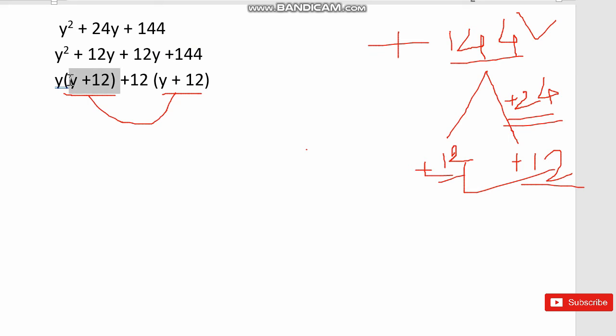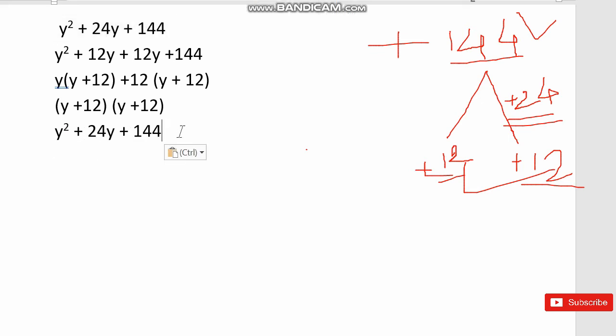So these are the factors of the given expression y square plus 24y plus 144, and we can write it as y square plus 24y plus 144 is equal to y plus 12 in the first bracket and y plus 12 in the second bracket. So this is our answer. We can use it like this also. So this is our proper answer.